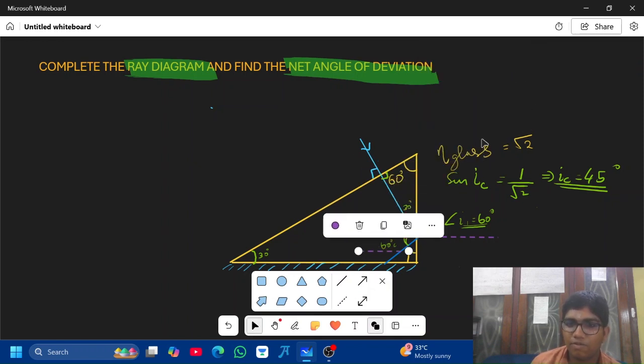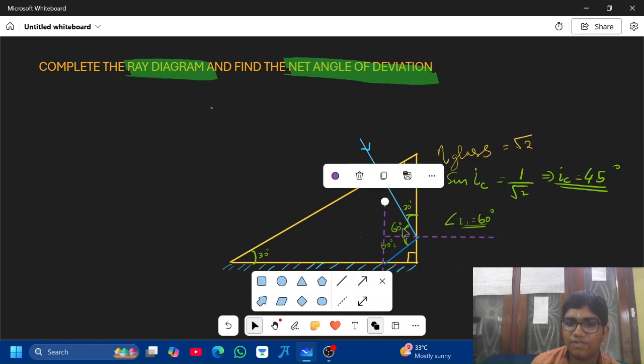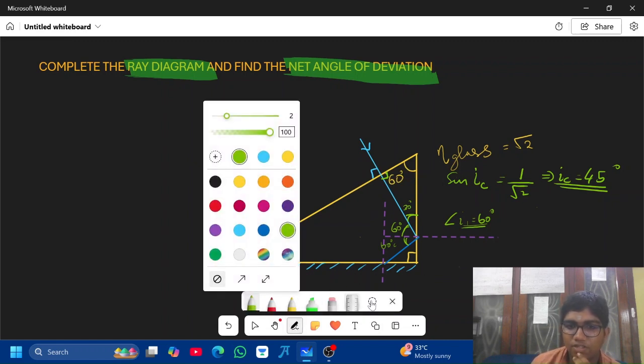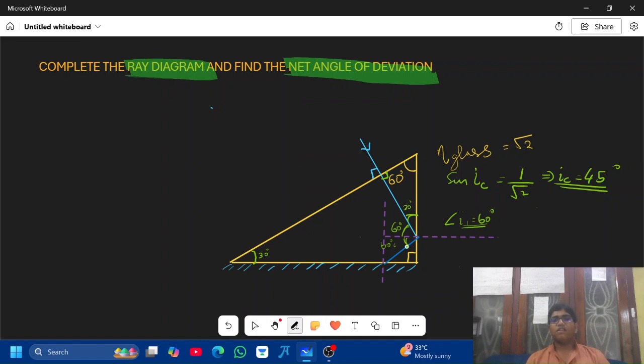This is the normal at the point of incidence. Yes, this is 60 degrees. This is 90 degrees. So this must be 30 degrees. This much is clear.